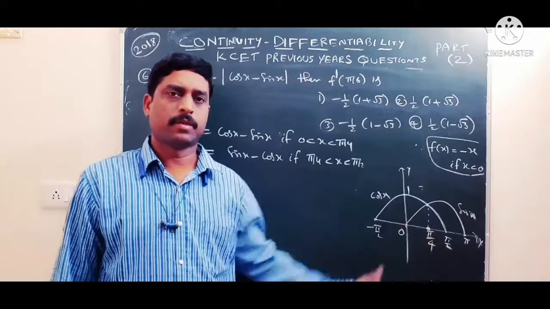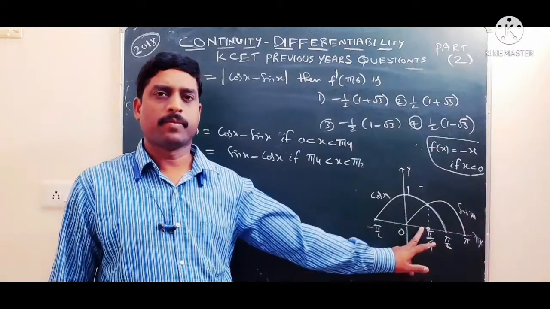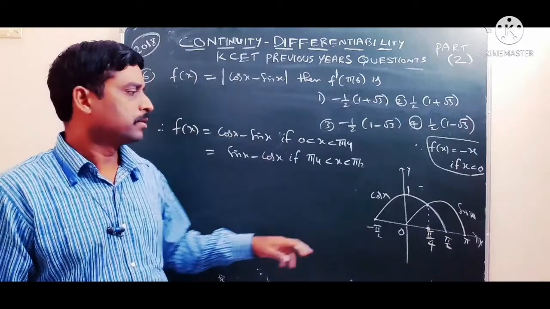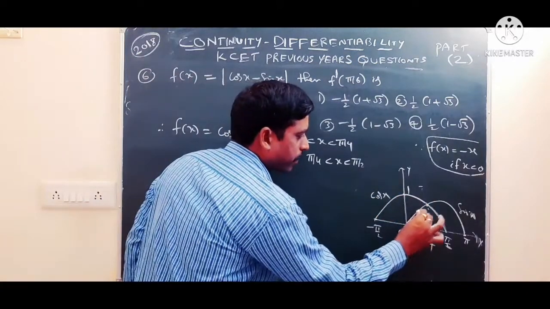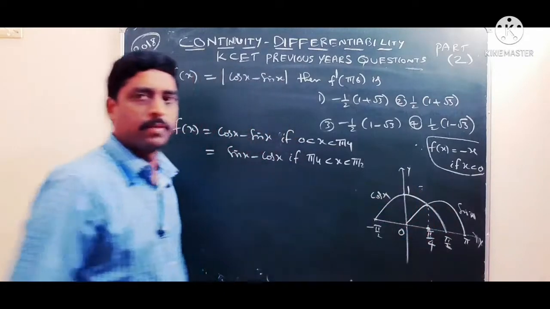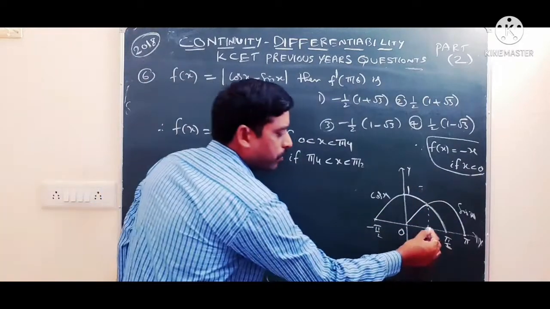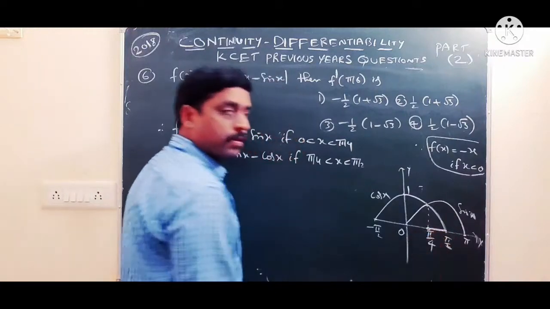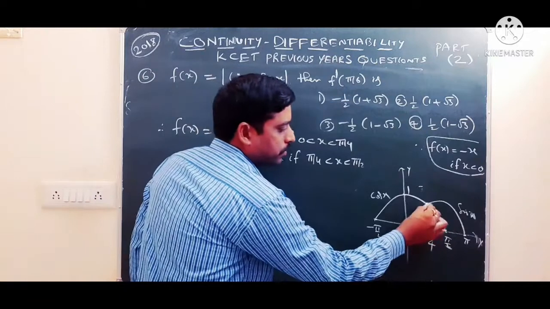So let us observe this diagram from 0 to pi by 4. From 0 to pi by 4, the f of x value is cos x minus sin x. Above curve minus below curve. Cos x minus sin x. From pi by 4 to pi by 2, we should take this above curve.